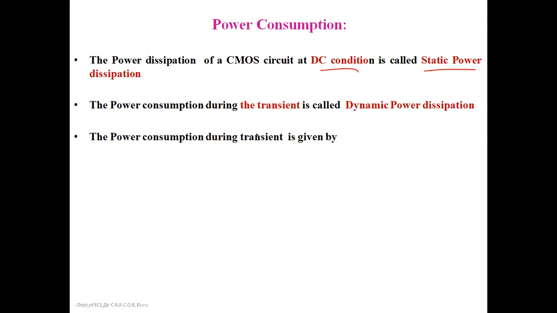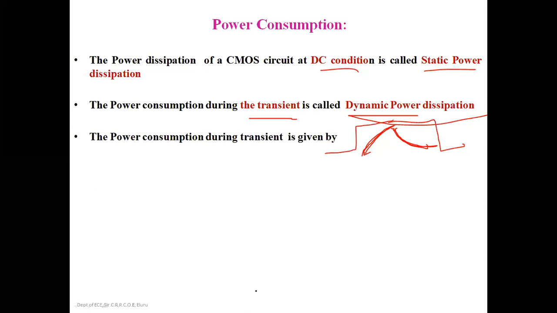And the second one is the power consumption during the transient. The transient may be a low to high state or a high to low state, so that is the transient current for charging and the transient current for discharging. Under this dynamic condition, the power dissipation is called the dynamic power consumption.